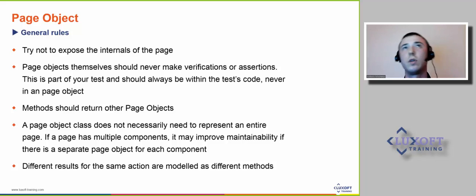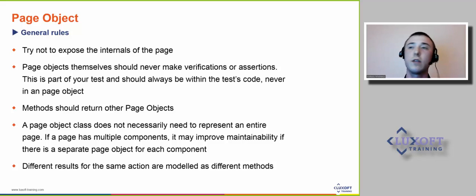For example, for a login test, we can make just one login method within the login page class, which will take two parameters, string username and string password, and this method in the login page class will do the login.